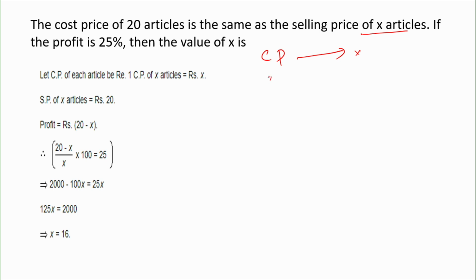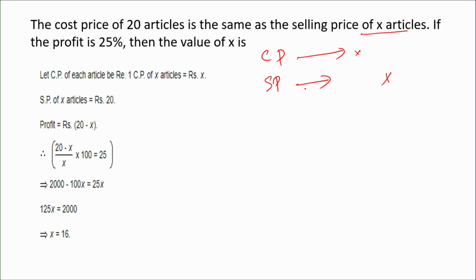Then X articles cost X rupees. The selling price of X articles is the same as the cost price of 20 articles, which is 20.